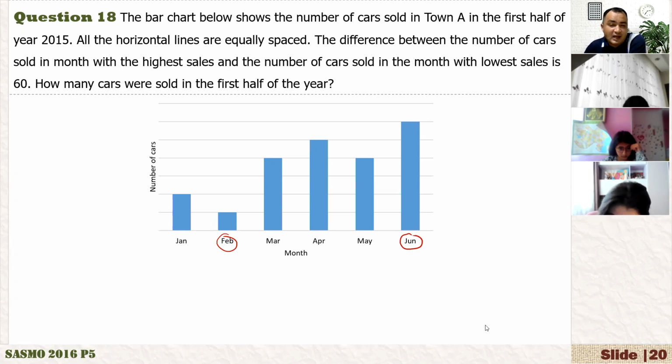The difference is 60. How can it be 10? How many cars were sold in the first half of the year, in 6 months? If the difference is 60, it must be more than 60. Did you understand, Nika, what I mean?